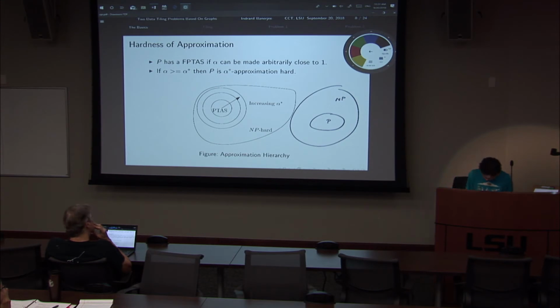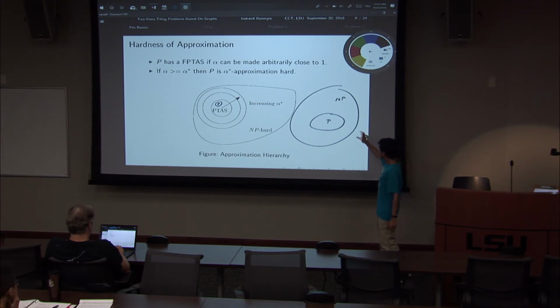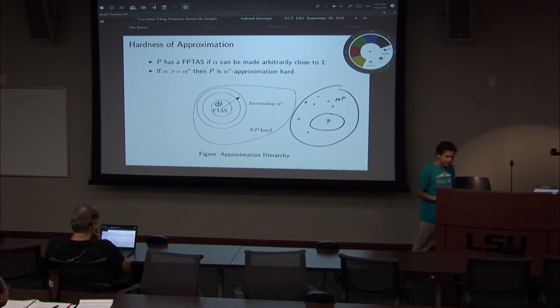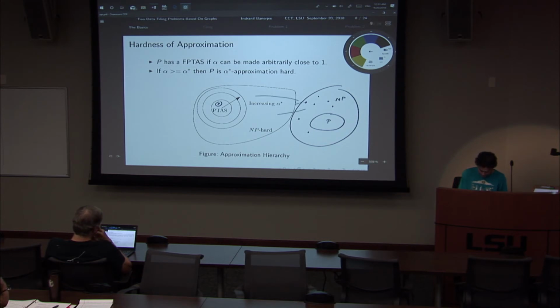Now suppose I have all these problems which I discussed, these NP-hard optimization problems, whose decision versions are in NP. But in terms of approximation, they map into different strata of these circles. What I mean is this.